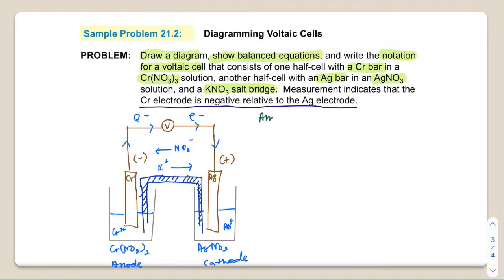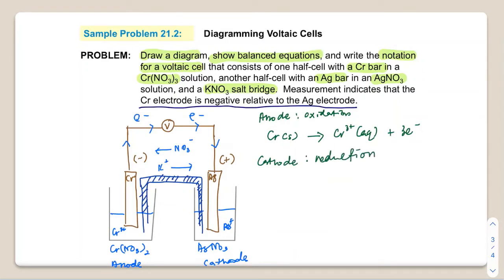We know in anode, oxidation occurs. It is when the chromium solid from the electrode is oxidized, releasing its electron, turns to Cr3 plus aqueous, plus 3 electrons. And then in cathode, we know that the reduction occurs.